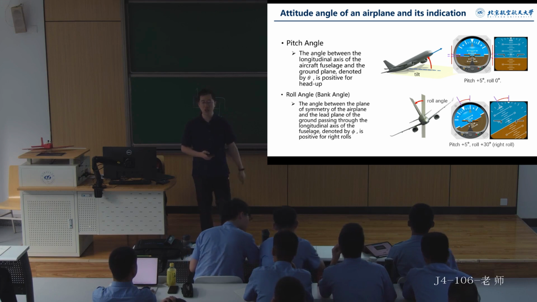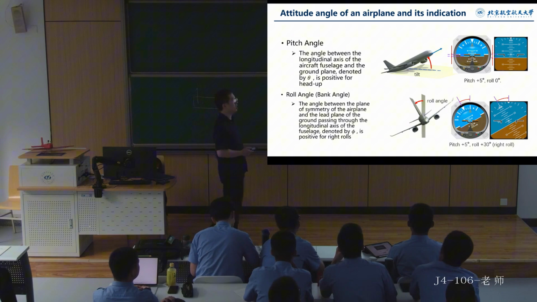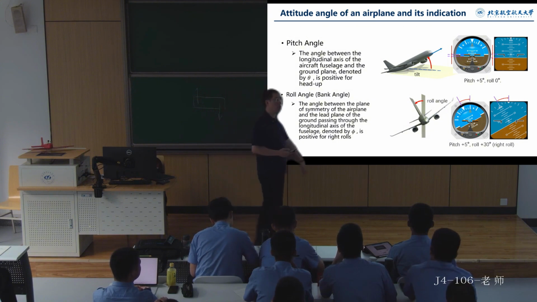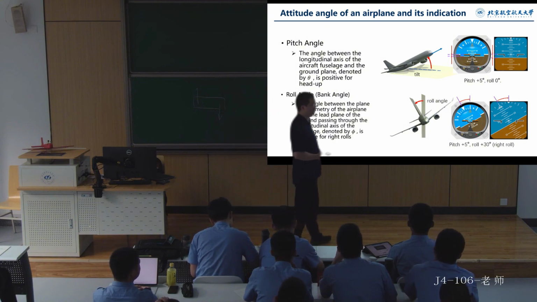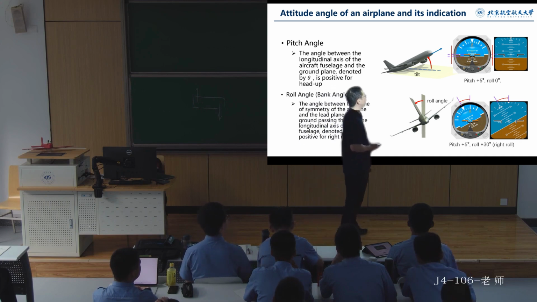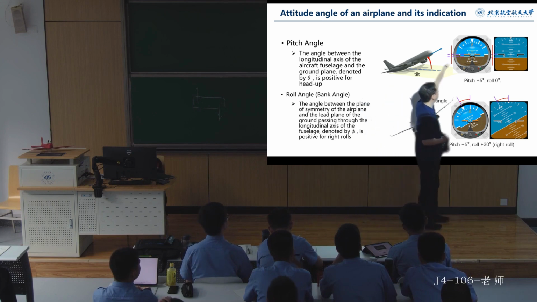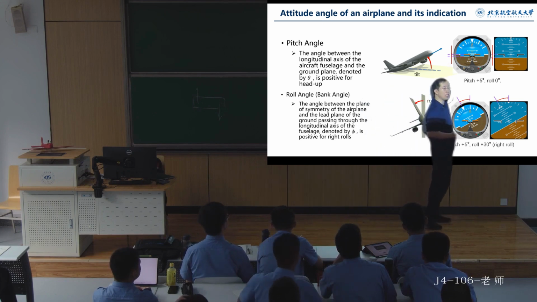We will choose to observe the instruments. What kind of instruments do we use? We should use the attitude indicator, right? We observe through this kind of gyroscopic attitude indicator, and by reading the distance between the horizontal line and the artificial horizon, we can determine what our pitch angle is.